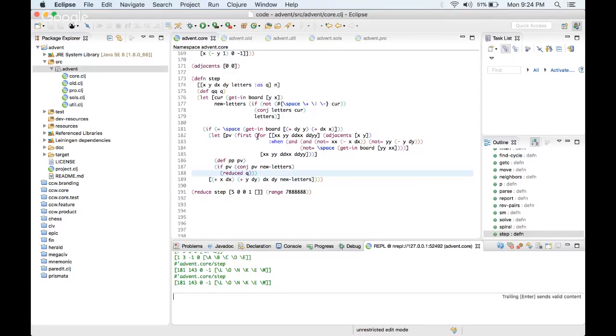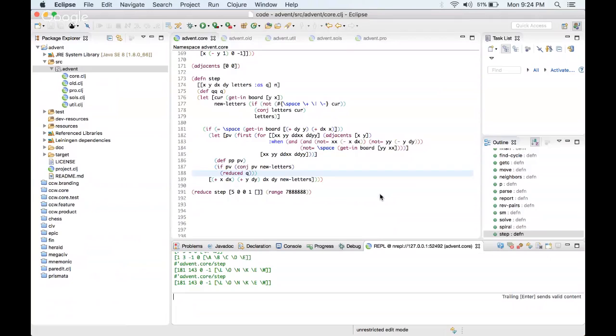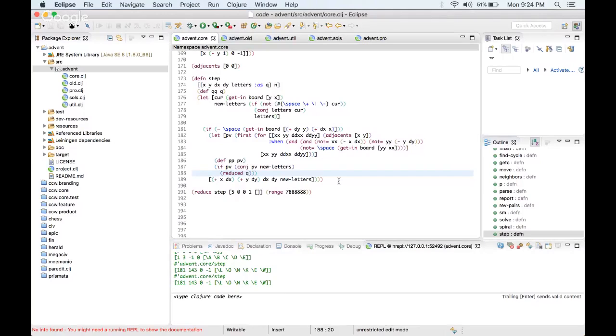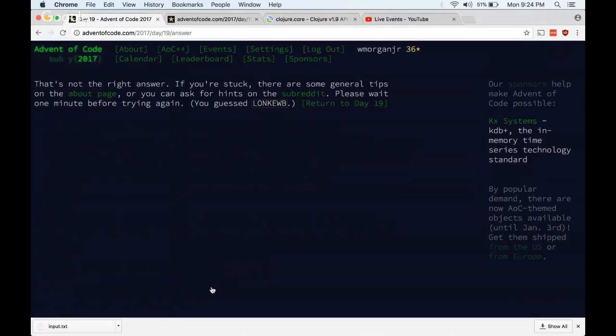Yeah, because it should be A, B, C, D, E, F. Okay, so I guess we can change this here to, we could just turn this. All right. LONKEWB. LONKEWB.